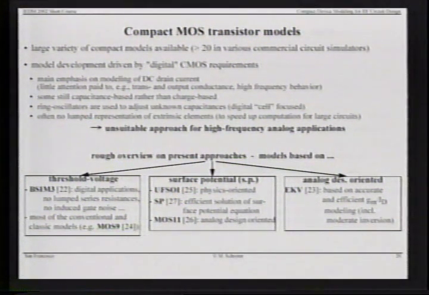The others are coming more from the physics-based approach. And if I say, for instance, surface potential-based, the meaning is that people try to model the surface potential of a MOS transistor as a function of bias, as a single piece function, which is not an easy task.